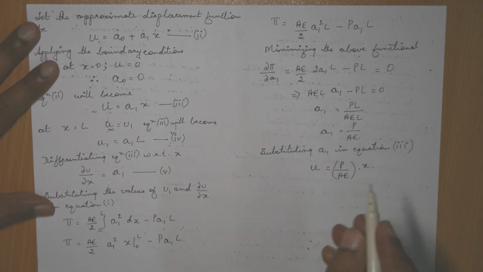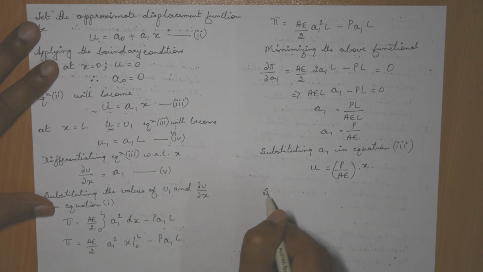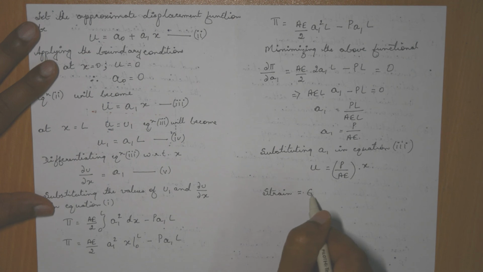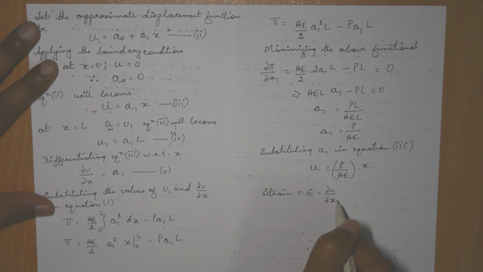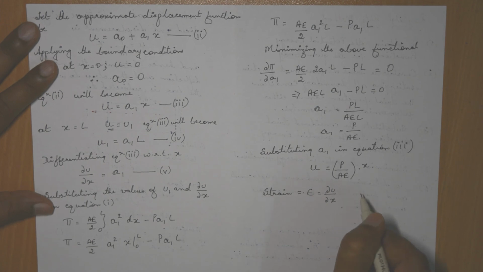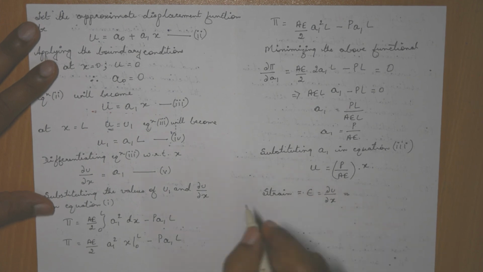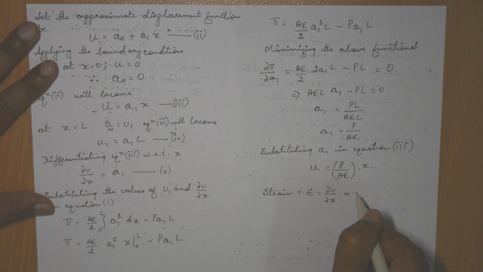So once we have this, we'll calculate strain, which is nothing but epsilon, the change in small length over the length that we have considered, dou U by dou x. So dou U by dou x is nothing but A1 from equation 5, which is equal to P by AE.